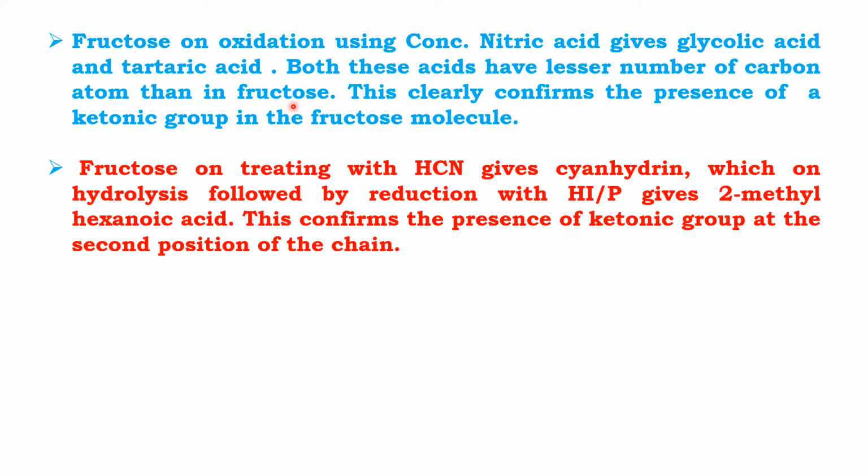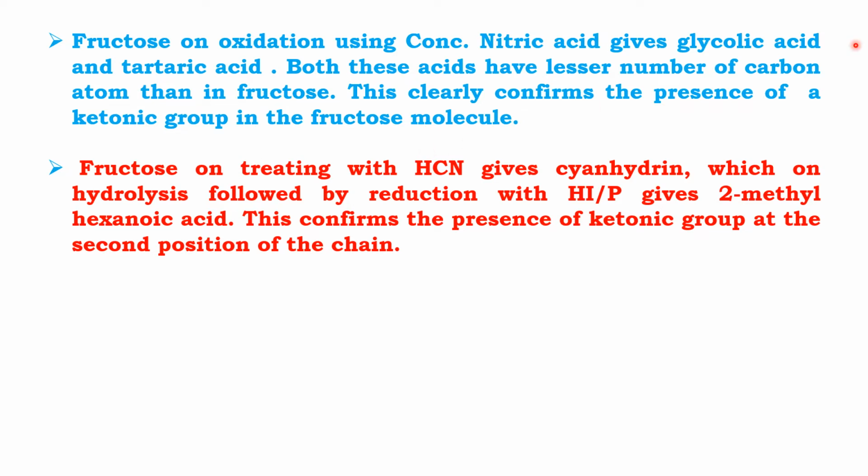And we know any ketone on oxidation with a strong oxidizing agent will give you acids with less number of carbon atoms than the parent ketone. So here fructose contains 6 carbon atoms, but on oxidation gives tartaric acid and glycolic acid, both having less number of carbon atoms than fructose. So this clearly confirms the presence of a ketonic group in the fructose molecule.